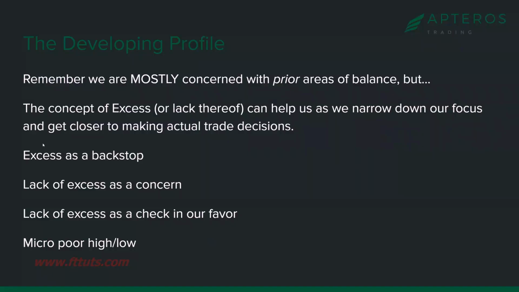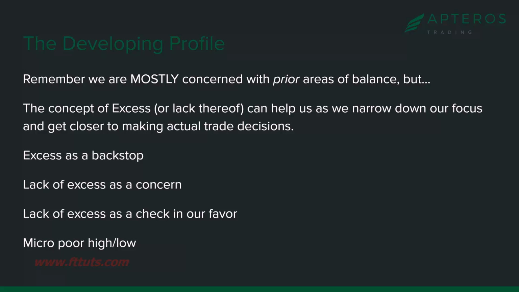Remember, we're mostly concerned with the prior areas of balance, but the concept of excess or lack thereof, hint, hint, can help us as we narrow down our focus and get closer to making actual trade decisions, which, by the way, we haven't remotely come close to talking about yet, have we? But you're already probably thinking like, oh, trade idea. But guess what? We're still just framing context.